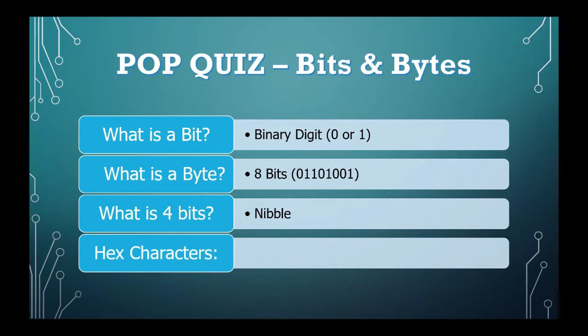If we remember that hexadecimal is a base 16 counting system, that means that each character must have one of 16 unique possible values. Therefore, we need 16 different characters in order to represent the hexadecimal digits. And those characters range from the digits 0 through 9, as well as the letters A through F. Alright, well done.